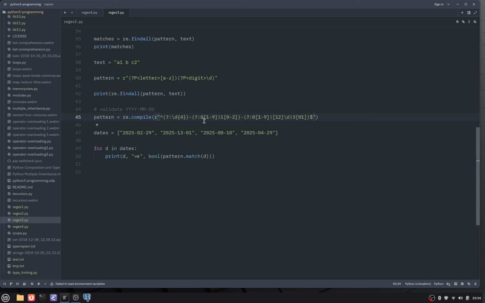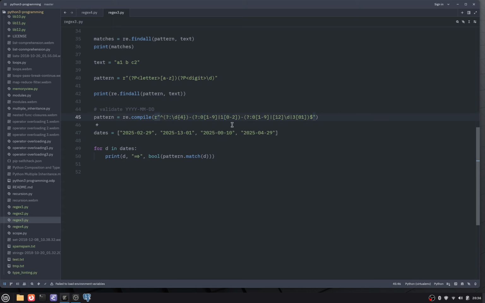We try to match a 0 followed by 1 to 9, so this could be 01 to 09, and this could be 10, 11 and 12. So this is the month, and then we have dates.